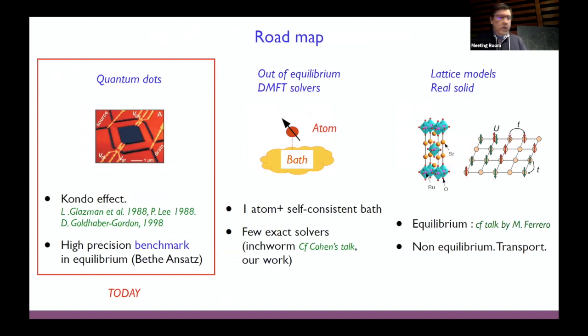They are quite general and can be generalized to, let's say, a DMFT solver out of equilibrium. We have seen in the talk of Martin that we need exact solvers, and there are very few techniques to do that today. But also directly to lattice models for real solids, basically doing out of equilibrium what Michel Ferrero was describing in his talks, or in equilibrium, but for real-time dynamics and transport.